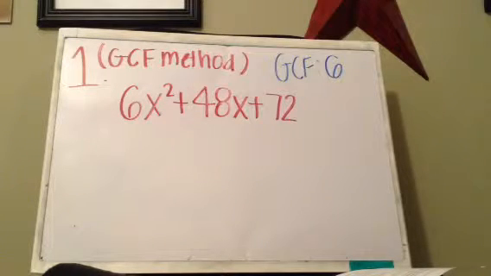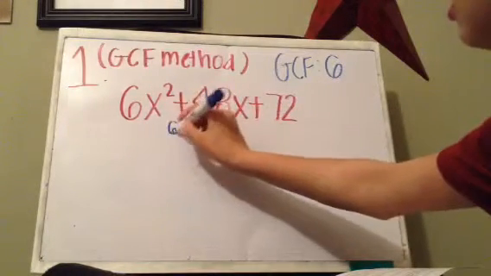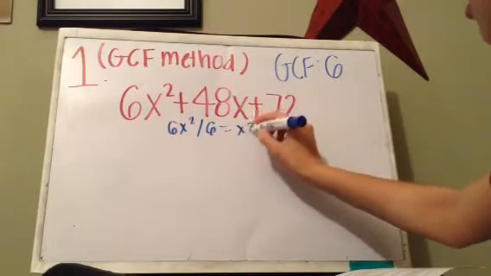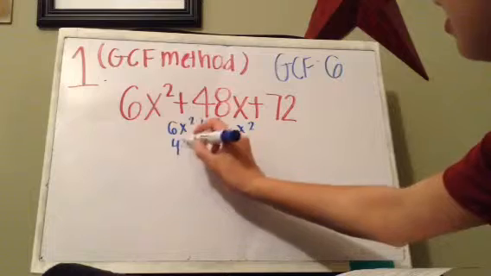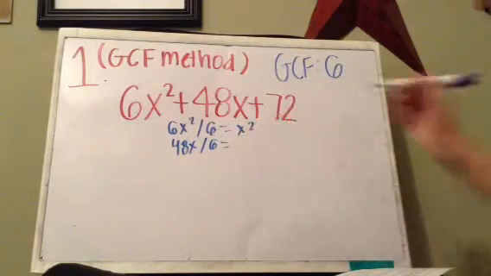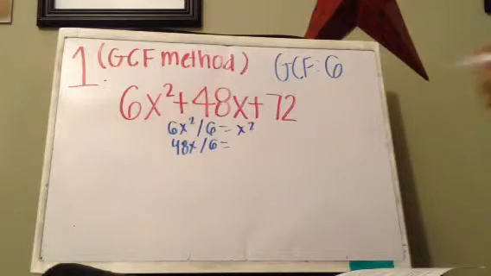Okay? So after I do that, I'm going to then divide the GCF, the greatest common factor, out of each term. So I'm going to do 6x squared divided by 6 equals x squared. Then 48x divided by 6, which equals 8x.